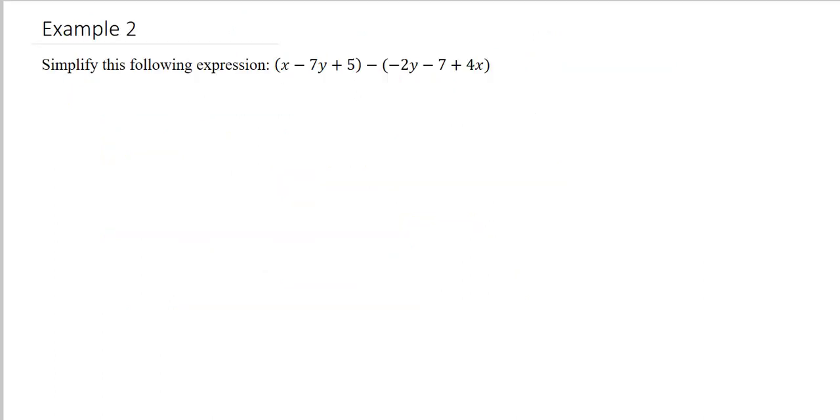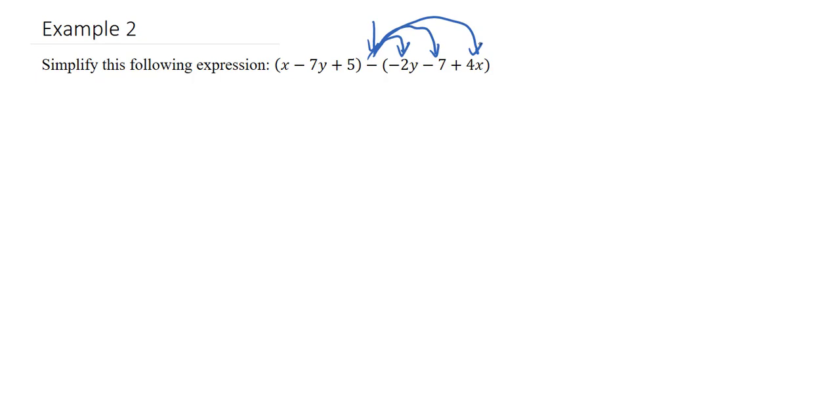So example 2, we're going to simplify the following expression. Like the last one, we have a negative, and we're going to distribute that first, to each term inside. So let's rewrite this real quick.